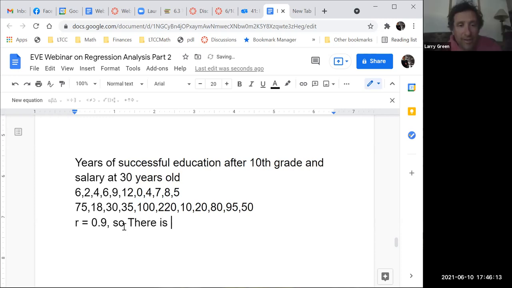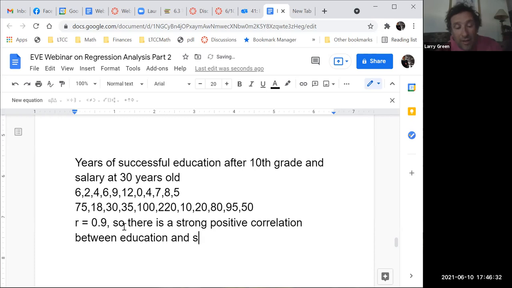Yeah, there is a strong positive correlation between education and salary. Any questions on that? Okay, and again, I'm trying to make these reasonable. I made up the numbers, but if I did a real survey, it wouldn't look much different.